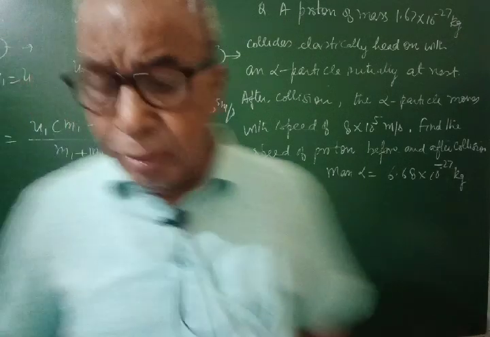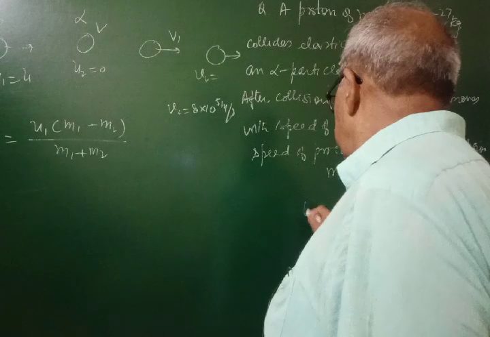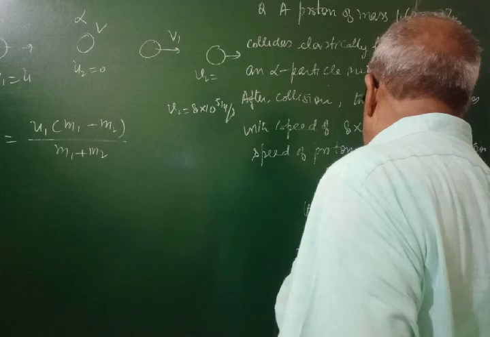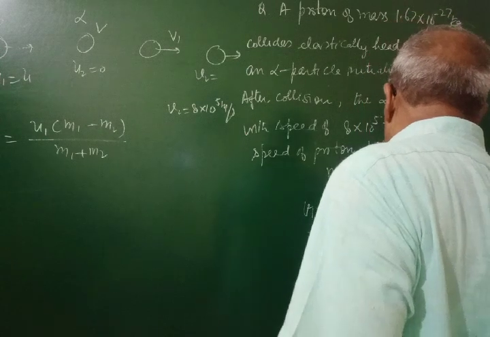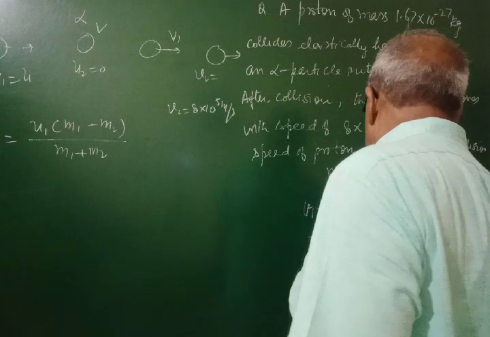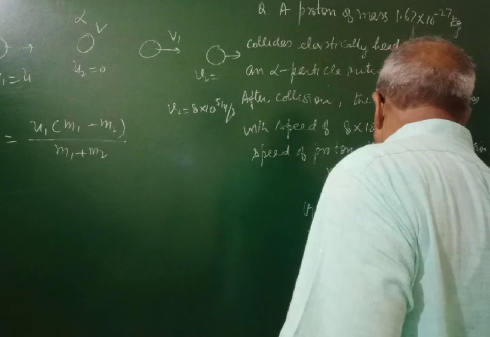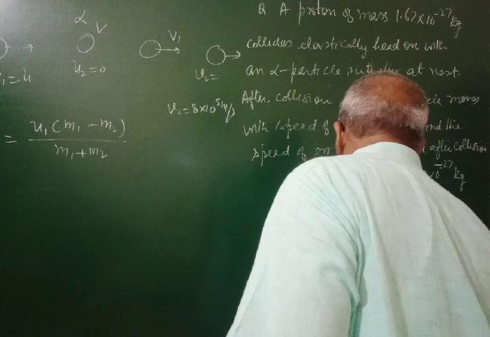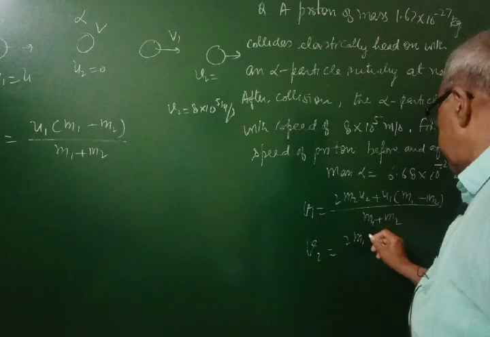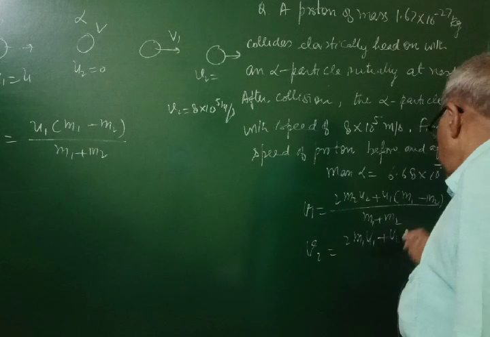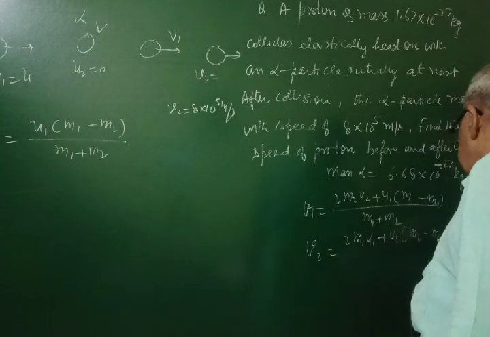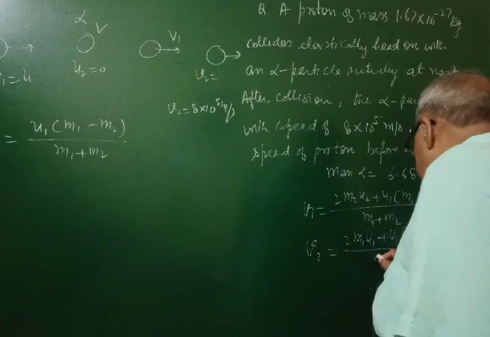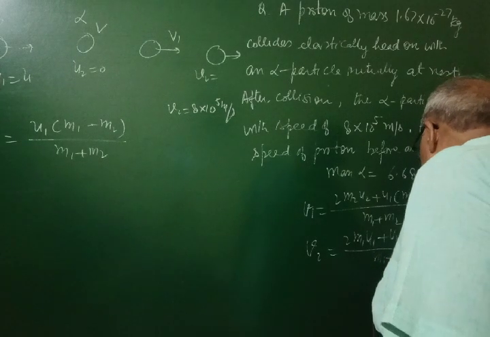Because in general, v1 was equal to [2m2u2 plus u1 (m1 minus m2)] upon (m1 plus m2), and v2 was equal to [2m1u1 plus u2 (m2 minus m1)] upon (m1 plus m2).